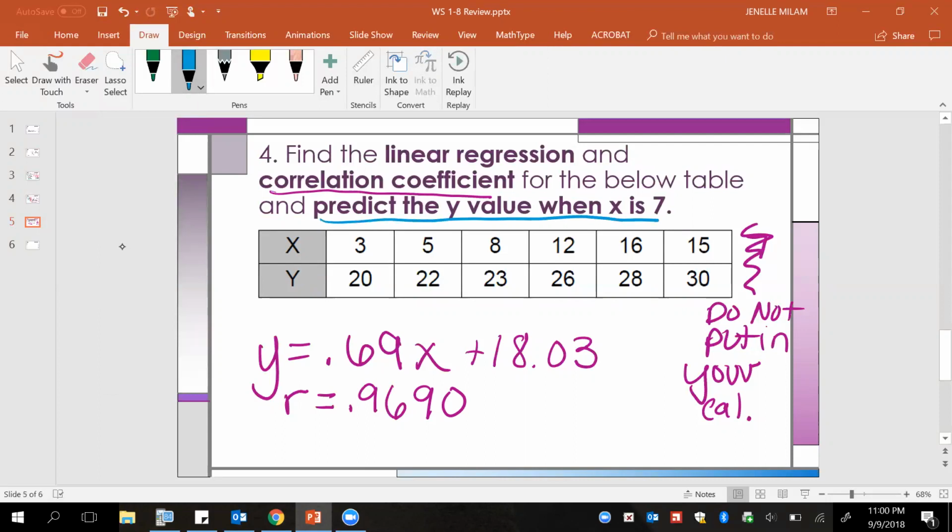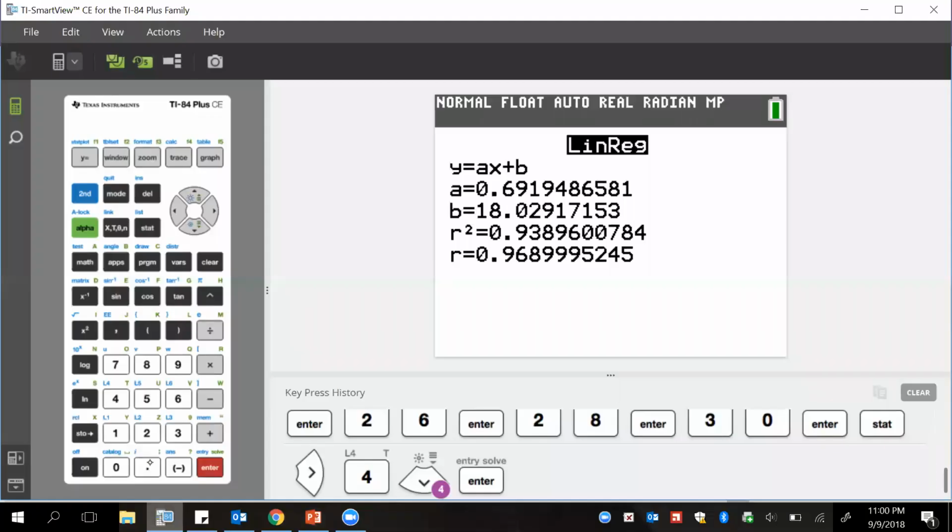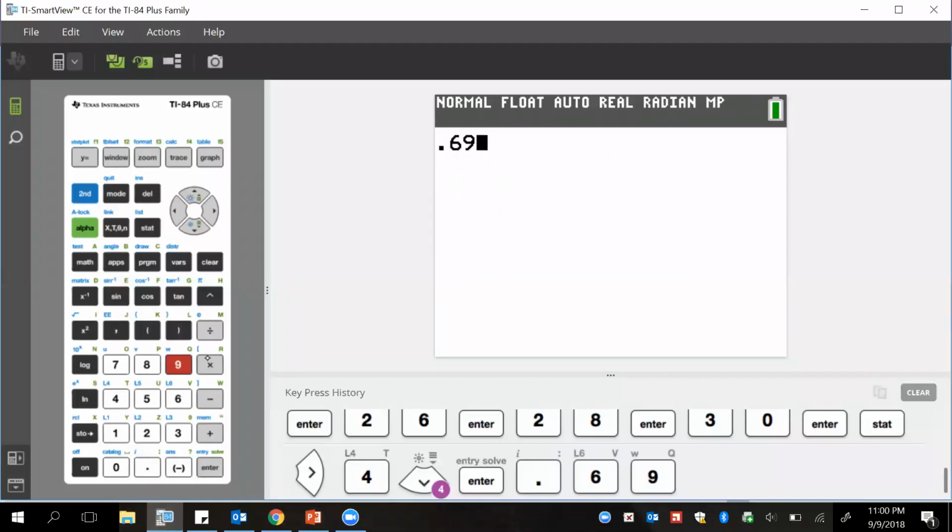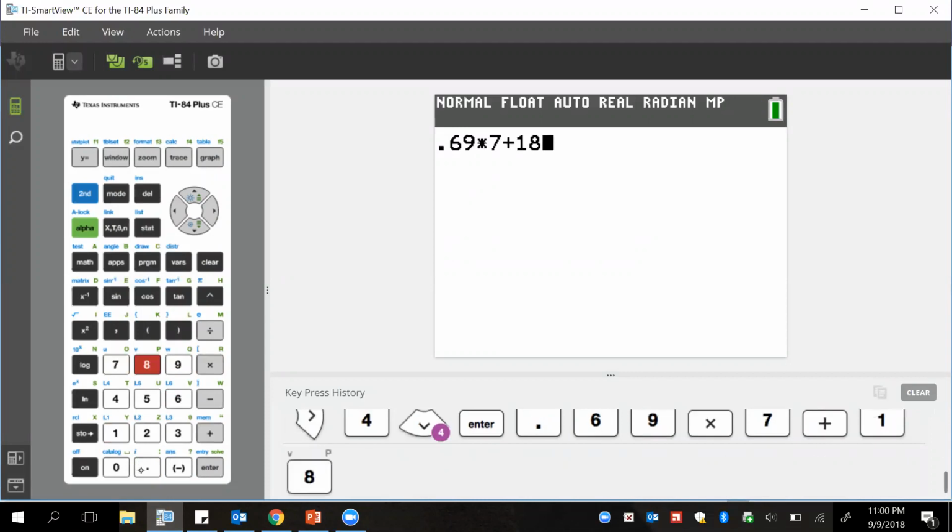Well, I'm not done because it asked me to predict the Y value when X is 7. So I'm going to plug in 7 here. So Y equals 0.69 times 7 plus 18.03. Go to my calculator, 0.69 times 7 plus 18.03, hit enter.